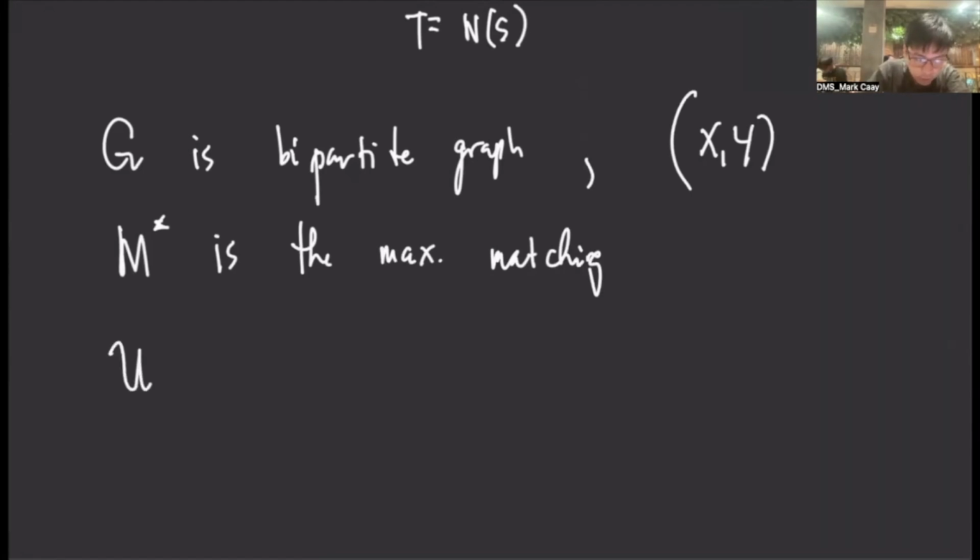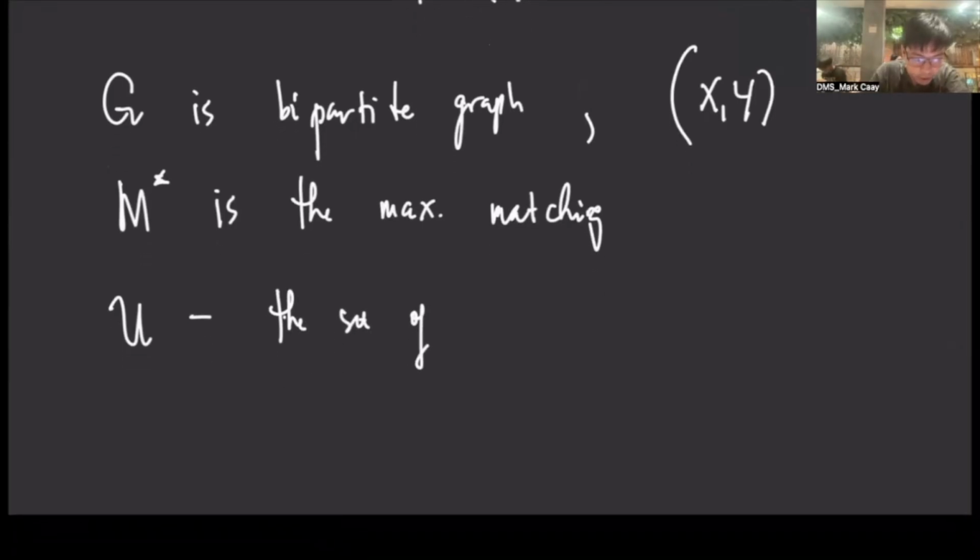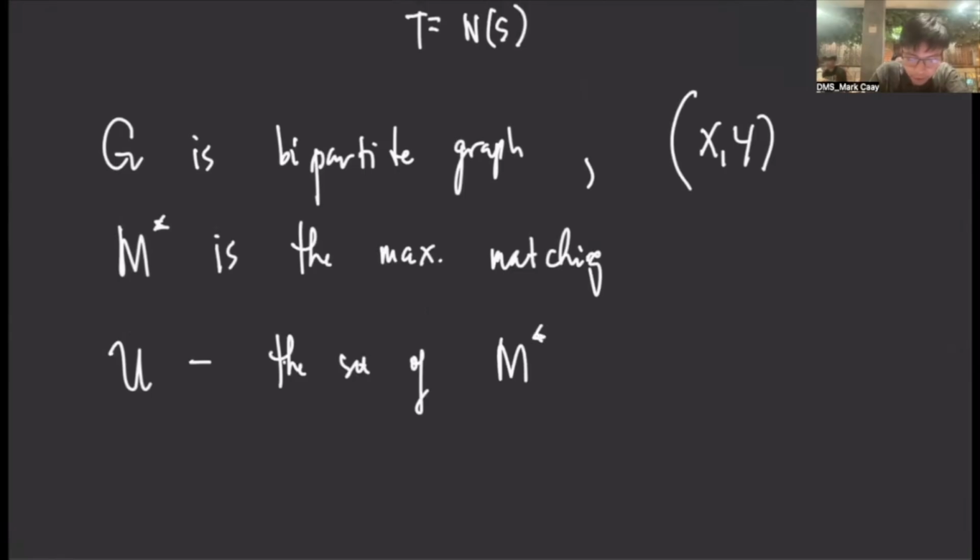So let's denote U, the set of M star unsaturated vertices of, I'm sorry, of X rather.